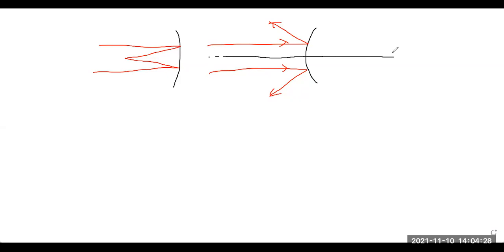But it looks like they came from one. It seems like all the light is coming from here. So this just becomes a negative focal length, or if it's on the other side of the mirror, it just counts as negative.